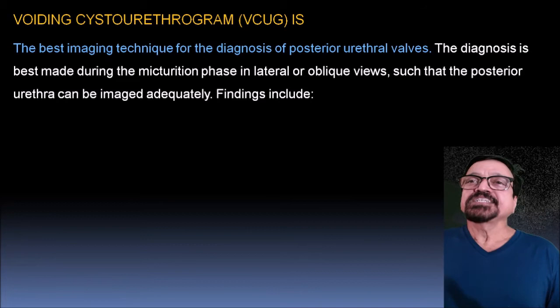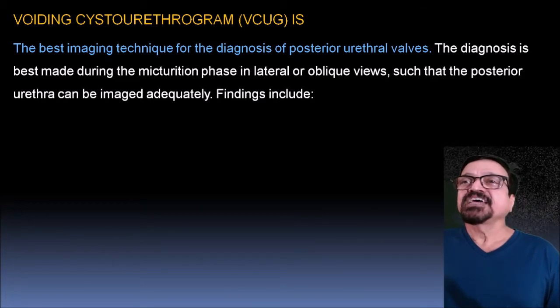Then, voiding cystourethrography. The best imaging technique for the diagnosis of posterior urethral valves is the voiding cystourethrogram. The diagnosis is best made during the micturating phase in lateral or oblique views, such that posterior urethral valves can be imaged adequately.